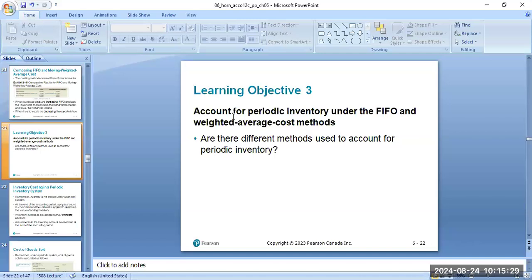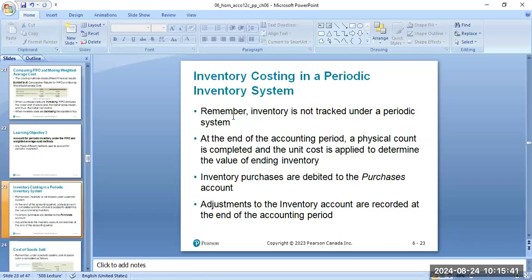Now, what we're going to do with the periodic system, and are there different methods used on the periodic system? There are slightly different methods in the periodic system.